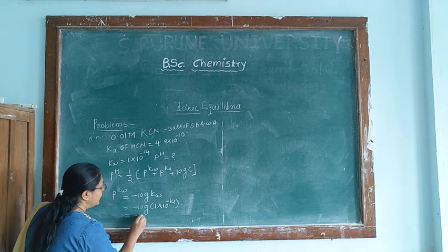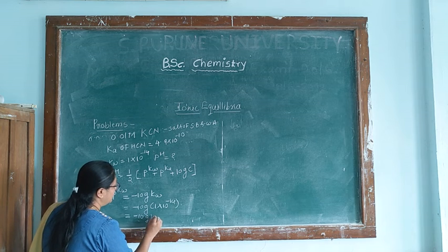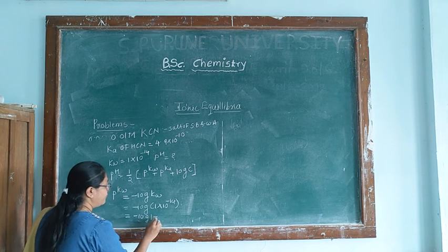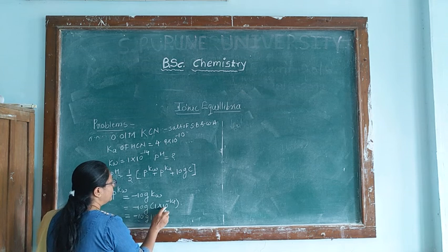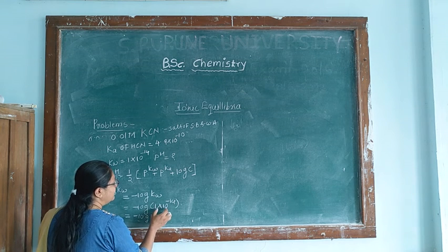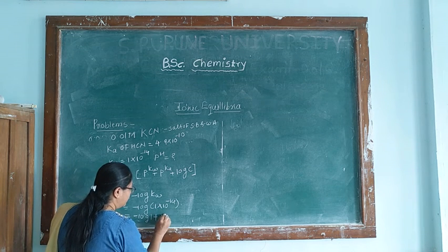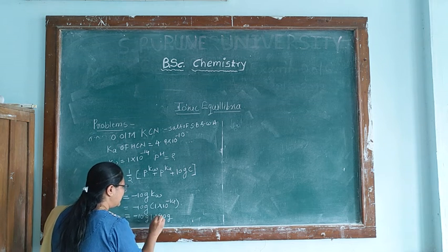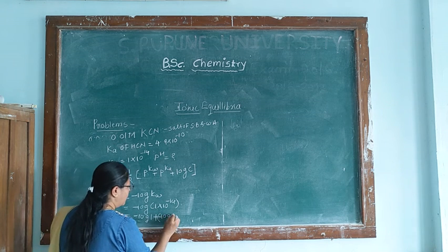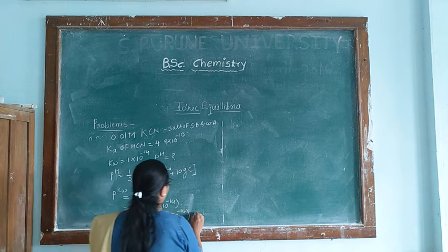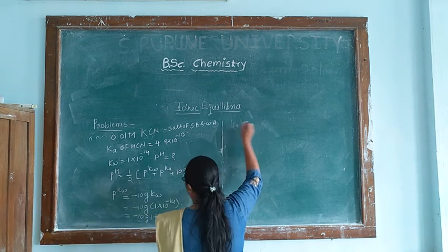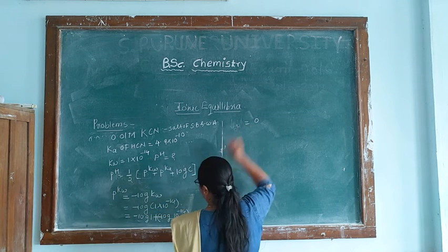So this is minus log of 1 into 10 to the power minus 14. As this is a multiplication, according to the rule of logarithms there will be addition of the logarithms of the two terms, but it has a negative sign, so it is minus log of 1 minus log of 10 to the power minus 14. Log of 1 is 0.